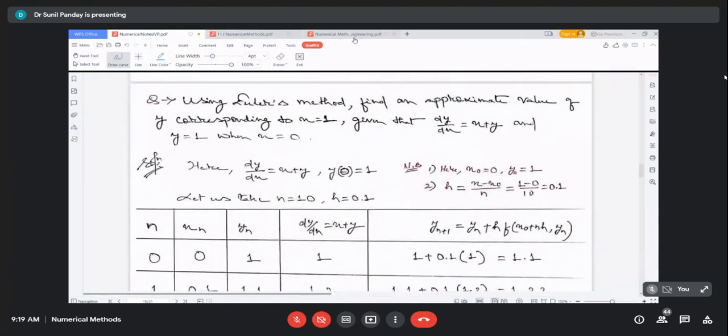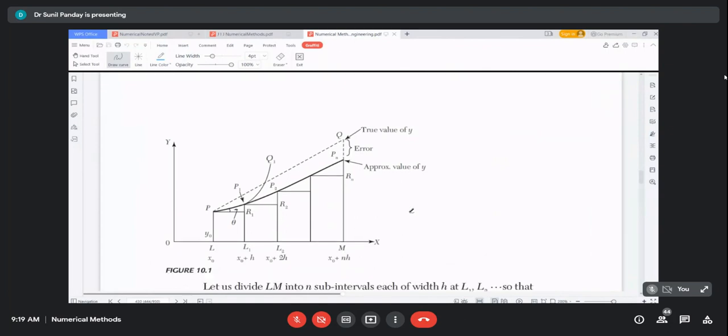And in this way we go further also. You can see that if this is our actual solution, then we draw some tangent, and where it intersects the perpendicular line at x0 + h, this is our y1.